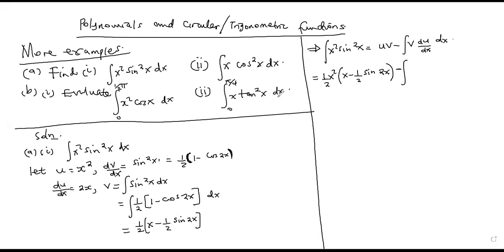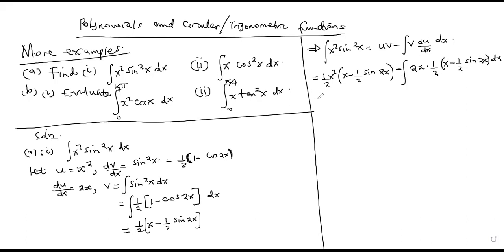Then minus the integral of v du dx. My du dx is 2x, so it is 2x times v, which is a half x minus a half sine 2x. That is what I am integrating, with respect to x, dx, all right?